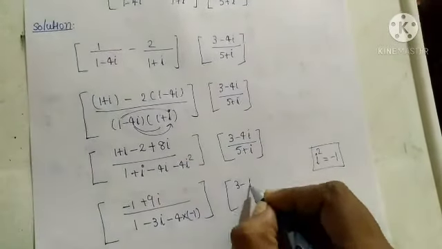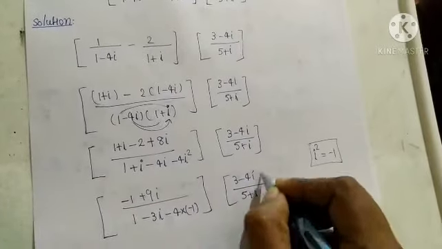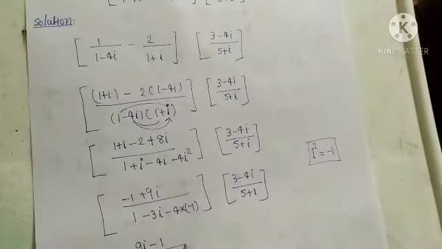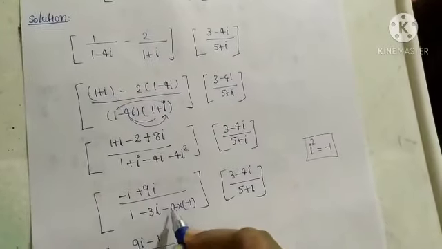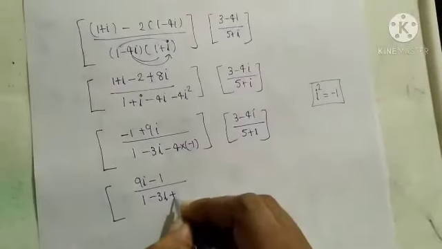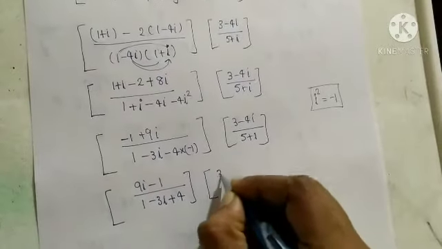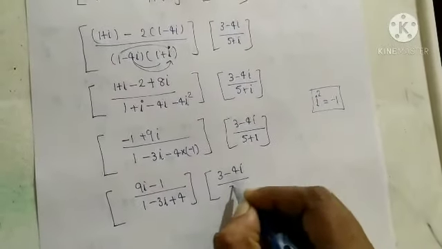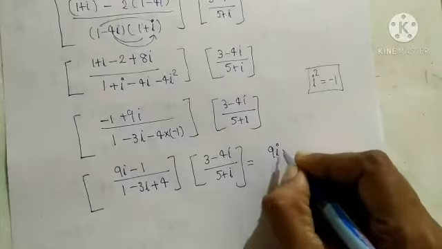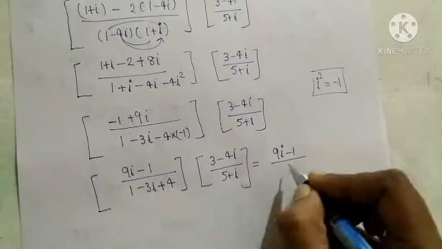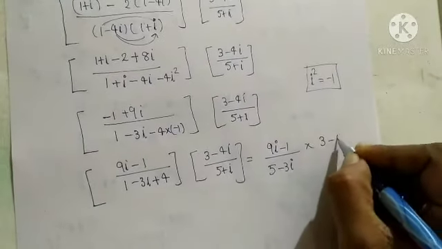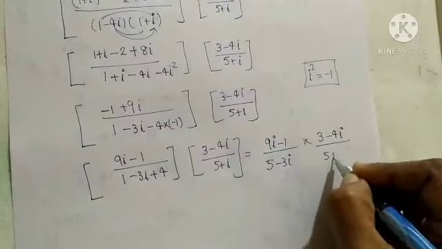So in the next step it will become 9i minus 1 divided by 1 minus 3i minus 4 into minus 1 will become plus 4, into 3 minus 4i divided by 5 plus i, and this is equal to 9i minus 1 divided by 1 plus 4 is 5 minus 3i, into 3 minus 4i divided by 5 plus i.